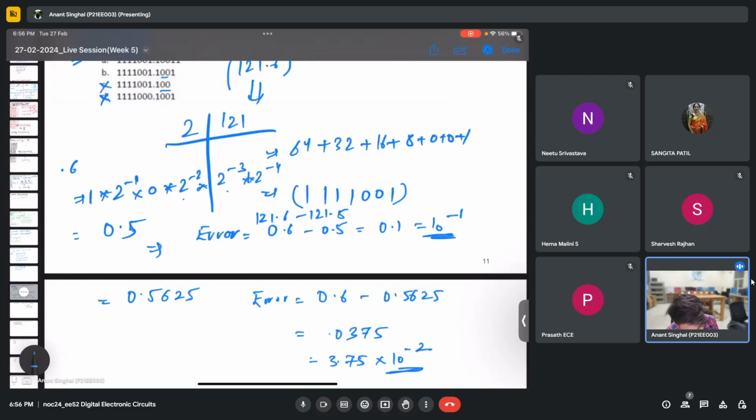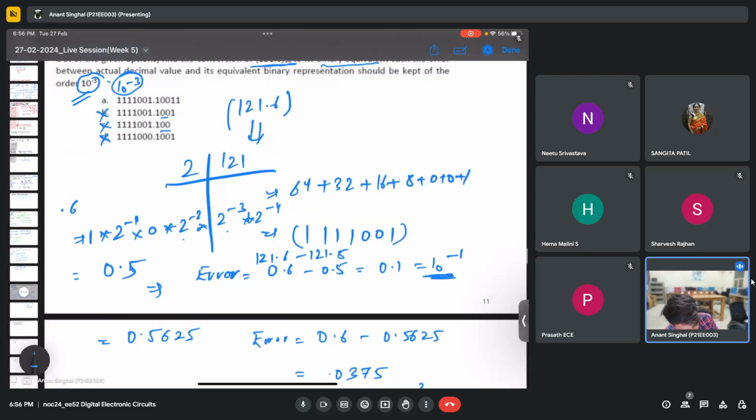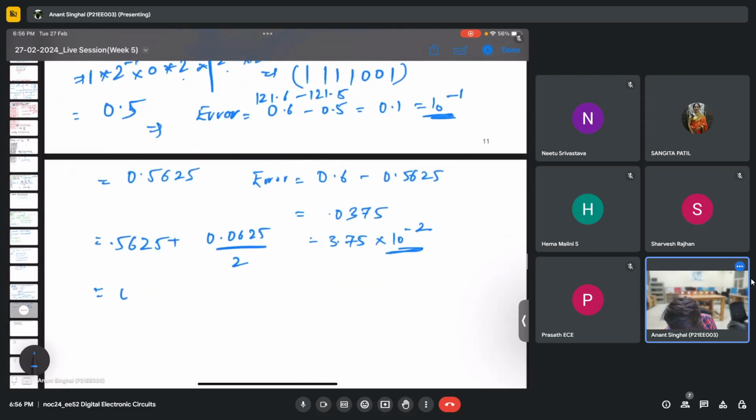So I'll go for one more iteration, that is the last option A. Maybe this will give me the final answer. So this is 0.5625 plus 0.0625 by 2, and I'm writing the final answer, 0.59375.